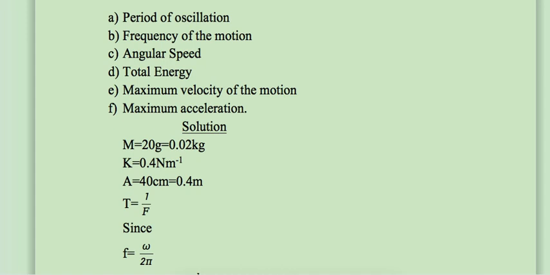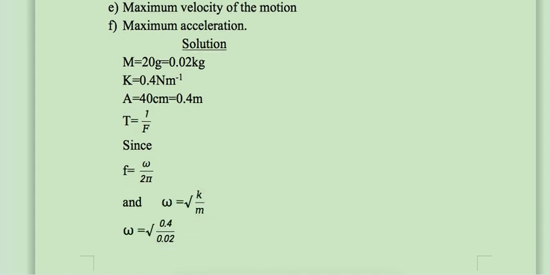Now, this is what we do. We know that our F is equal to omega over 2 pi. And if you make omega subject of formula, it gives us 2 pi F. And we know that our omega is equal to square root of K over M. So from there, we know our K, we know our M from the given values.